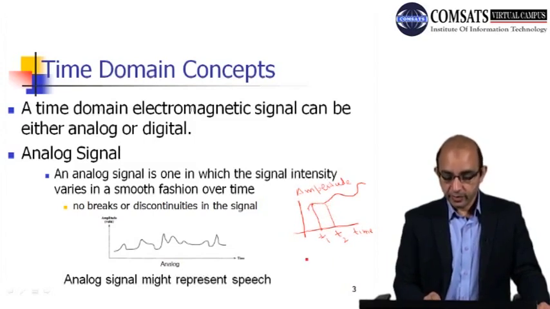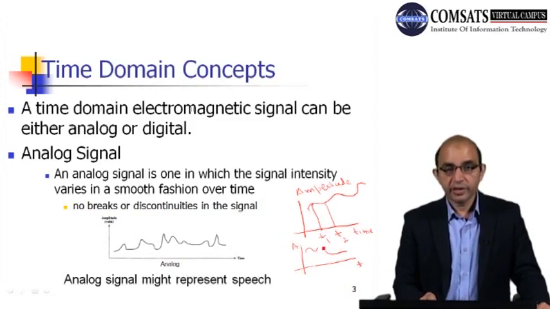So let's have a look at the discontinuity. If I have a signal like this, then there is a break, and then I have a signal like this. Again here we have time, and let me write A for amplitude on the y-axis. You can see that we have a discontinuity.